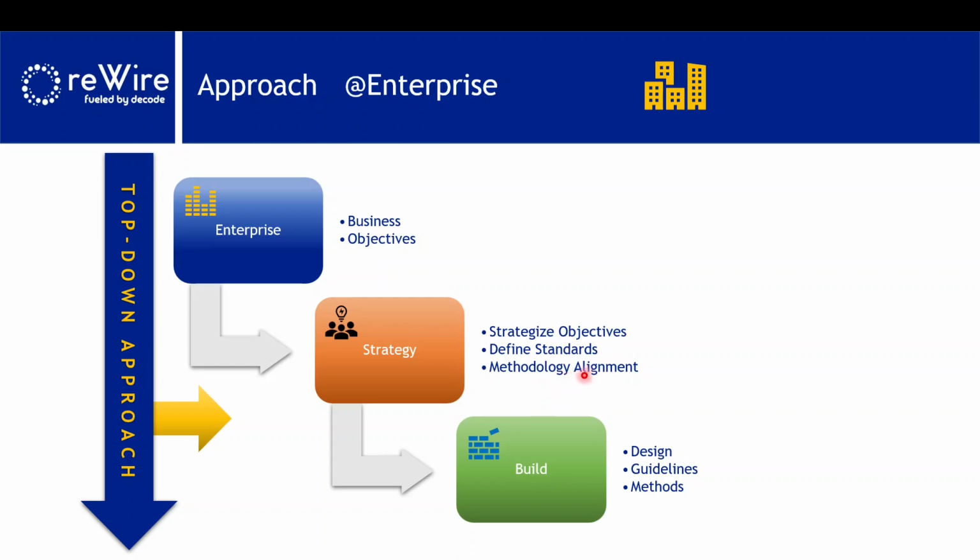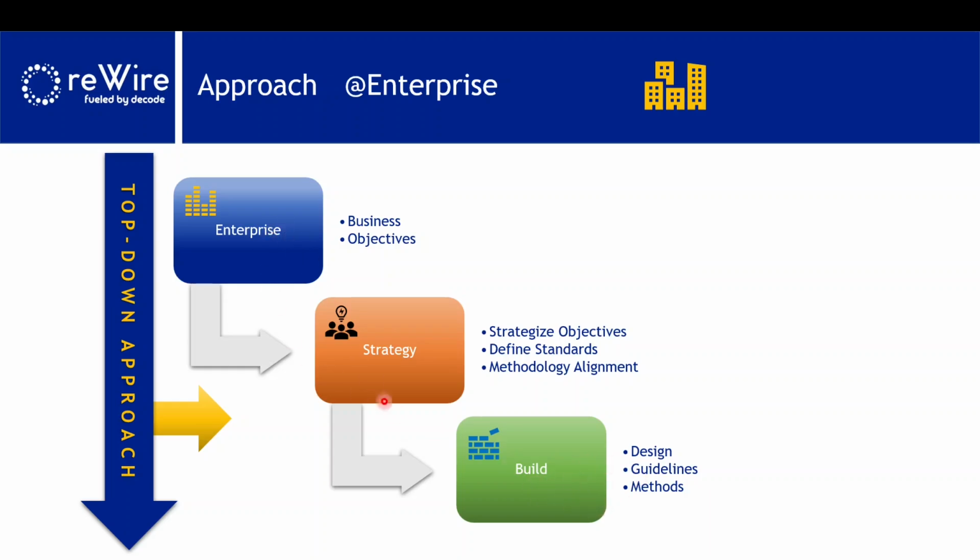Accordingly, the standards have to be in line with the methodology of that particular application. Once that is standardized, you'll have guidelines and methods that you have to build and make the entire workforce aware of at the enterprise level. That is the next stage.